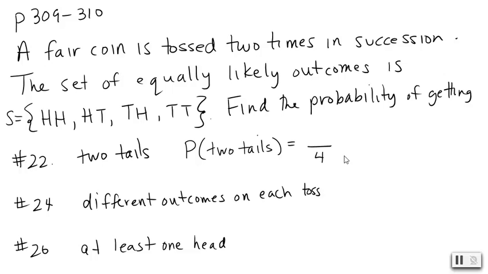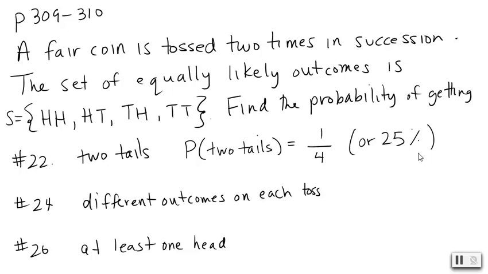The numerator is the number of outcomes in the sample space that have exactly 2 tails. Well, this doesn't have any. This only has 1. This one has 1. There's only one way to get 2 tails. That's when you get tails on the first flip and tails on the second flip. And so that comes out to 1/4. As a percentage, that's 25%. So a quarter of the time that you flip a coin twice in a row, you'll get 2 tails. You'll get tails both times. And again, that's a long-term expectation.